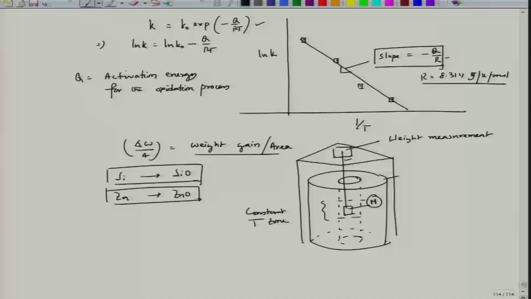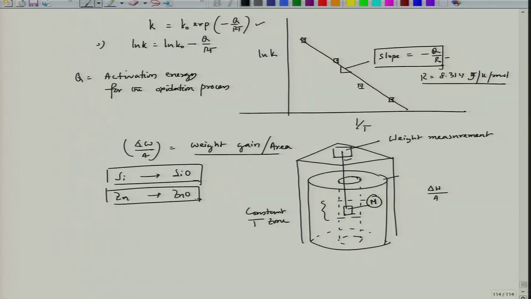You measure the weight gain with respect to time, which gives you the weight gain data as a function of time. Then you know the initial area of the sample. You divide the weight gain data by that initial area and plot weight gain by area with time, and then you see whether it follows a linear plot or a parabolic plot.